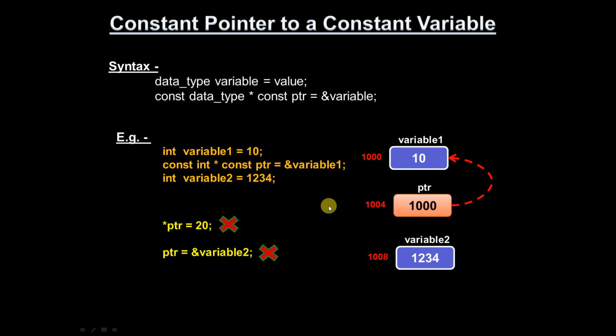So we have a non-constant pointer to a non-constant variable, a constant pointer to a non-constant variable, a non-constant pointer to a constant variable, and a constant pointer to a constant variable. All these four. Now remember a few points here.